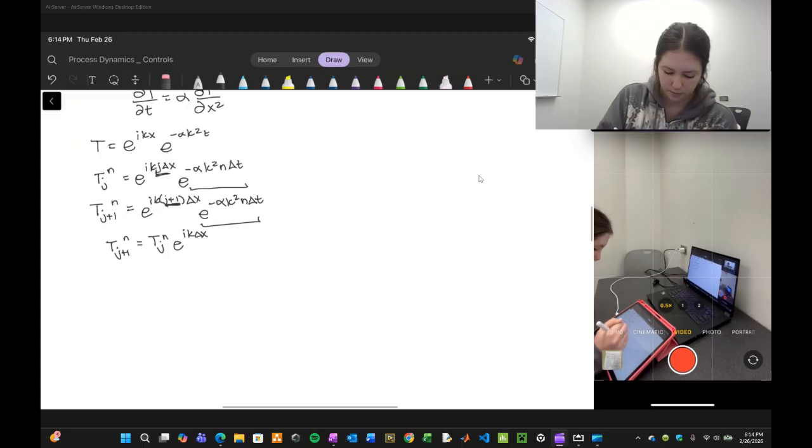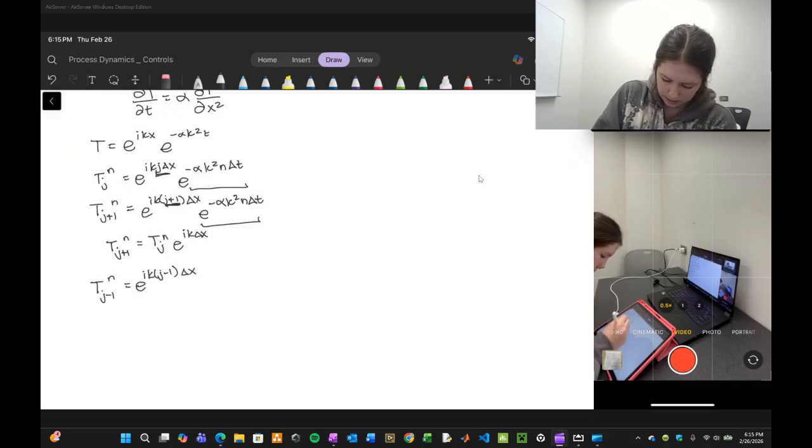And then we can do the same thing with T sub j minus 1. It will equal e to the i k j minus 1 delta x times e to the negative alpha k squared and delta t.